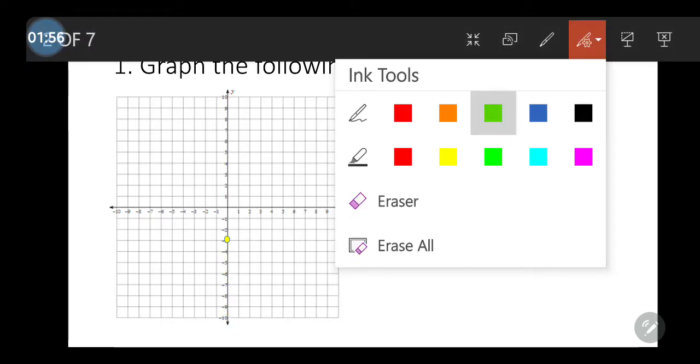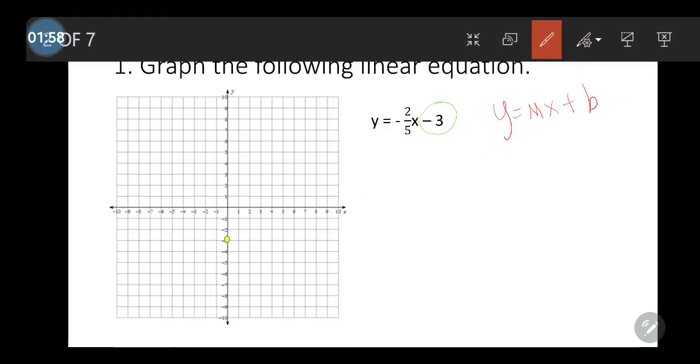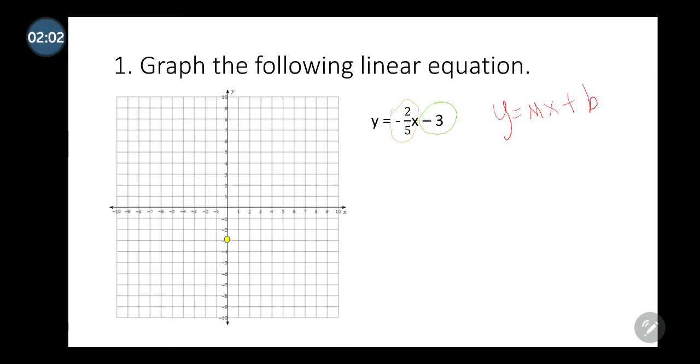The next point that we want to graph is the slope, and the slope is negative 2/5. So from that point, the y-intercept, I want to take my pencil and move another point to negative 2/5.